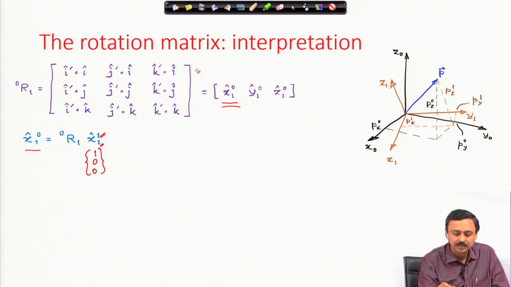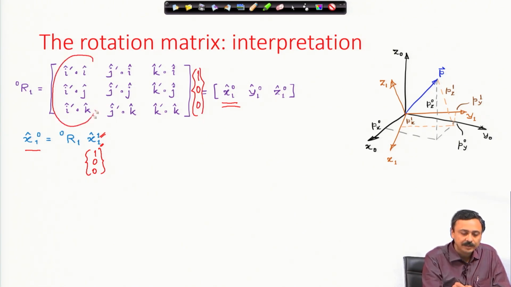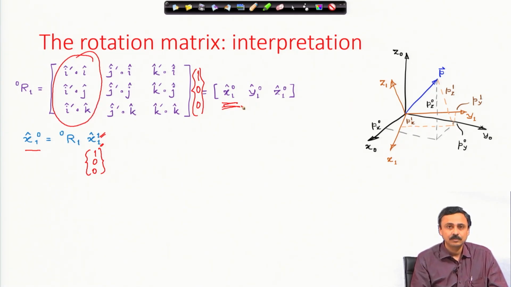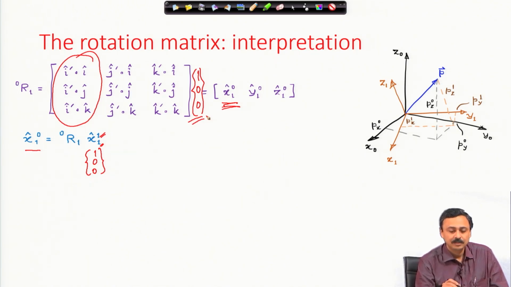x 1 in frame 0. That means, if I multiply this matrix by 1 0 0, it will only filter out this column, and that column is nothing but x 1's representation in frame 0. This is x 1's representation in frame 1, and this one is x 1's representation in frame 0.